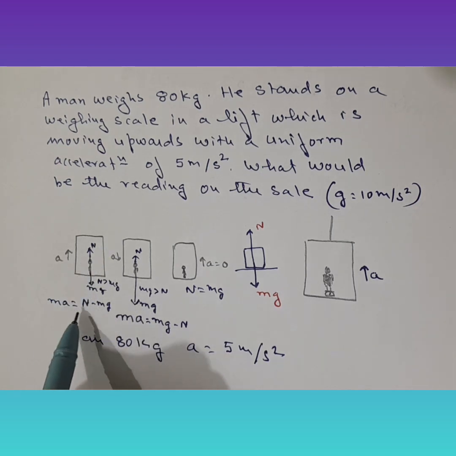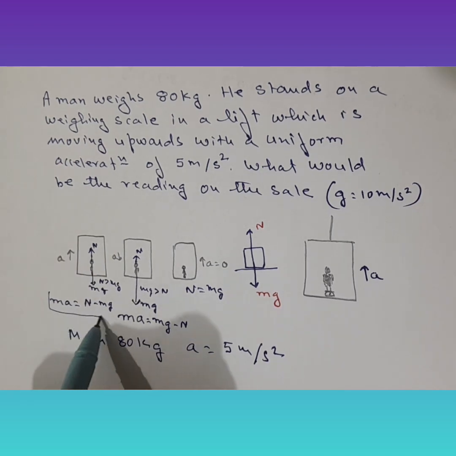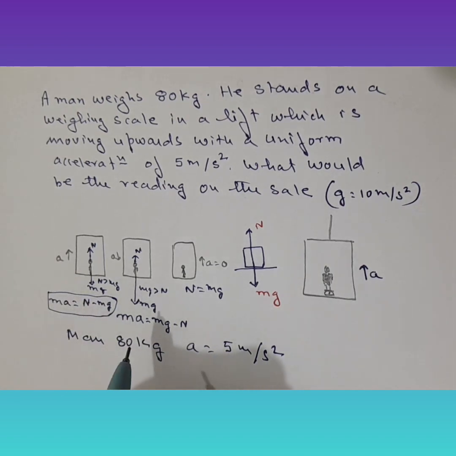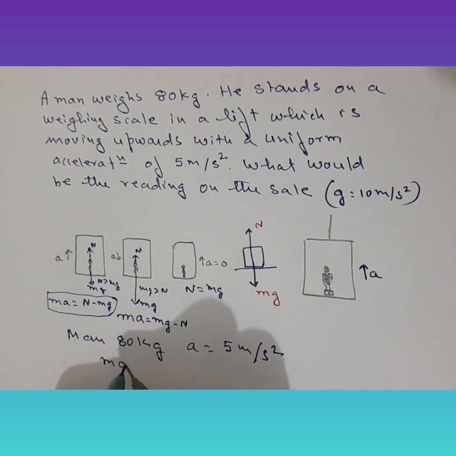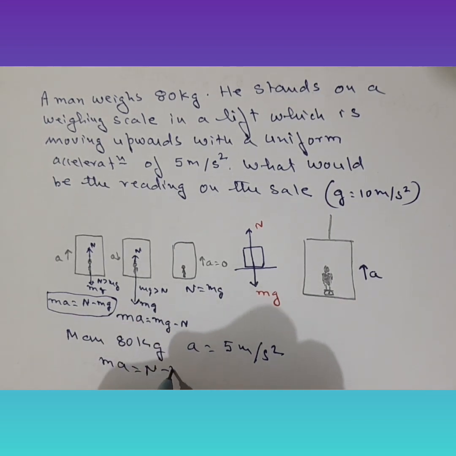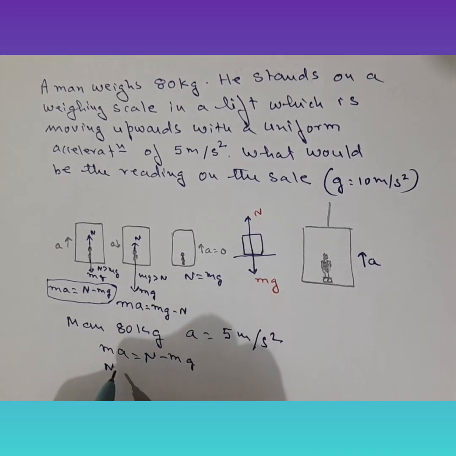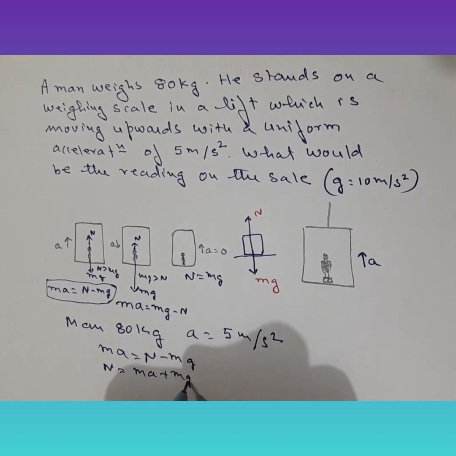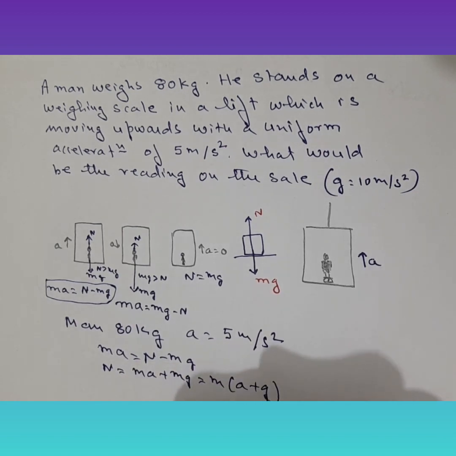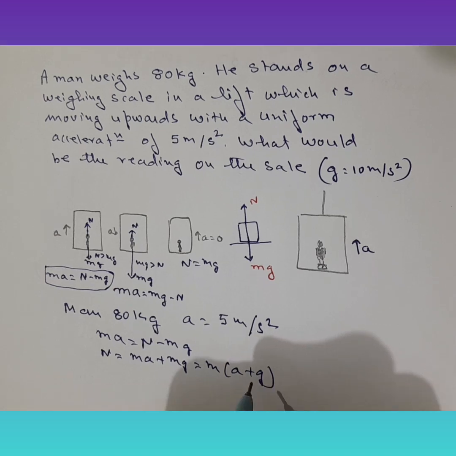So this is our equation that we have got to follow. Let's jot it down. ma is equal to n minus mg. So n would be equal to, if we take mg this side, ma plus mg, which would be equal to m into a plus g.